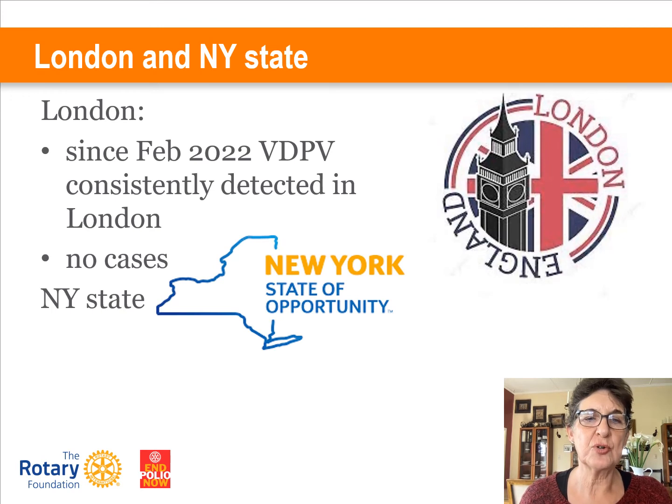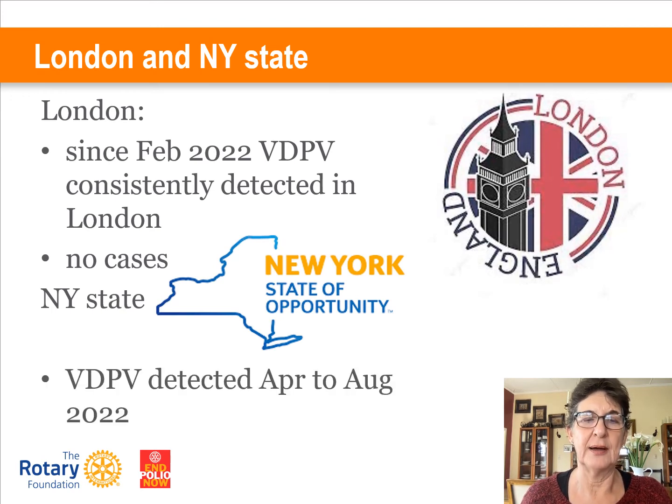However, in New York State in America, they did have one case of vaccine-derived polio virus, and as a result, they went back and checked their water samples that had actually been taken for COVID, and they had a look for polio virus, and they found between April and August of this year that there was vaccine-derived polio virus in their water.